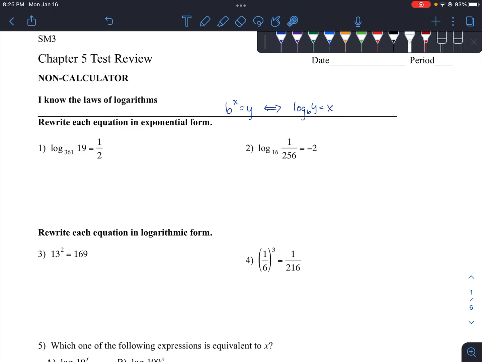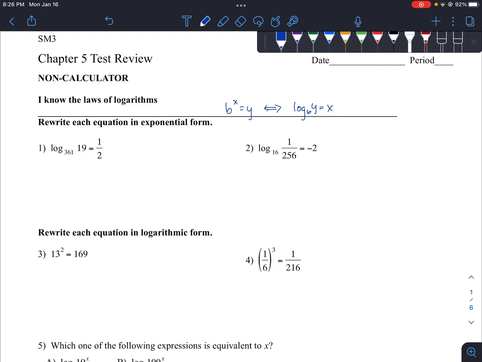You can see that b is always the base, whether it's an exponential or a logarithm. x is the exponent for an exponential, and on the other side of the equal sign for a logarithm, that's where the x is. And inside the logarithm is the y, and that's what the exponential will equal.